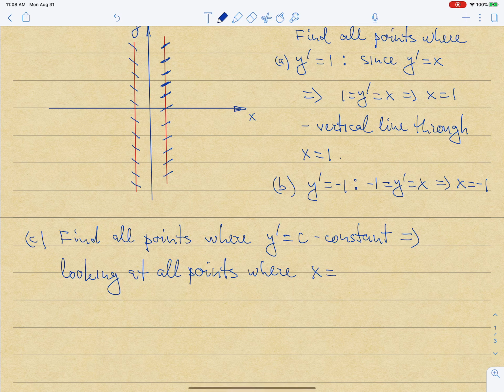Because y prime is always equal to x. And so those are the vertical lines.